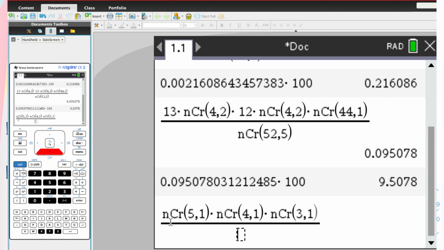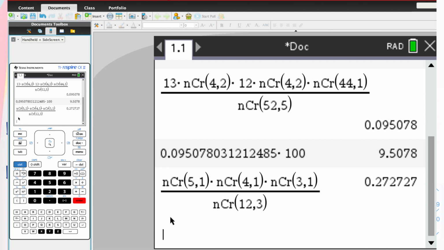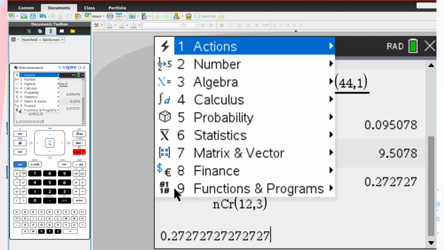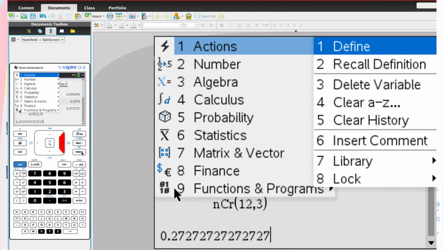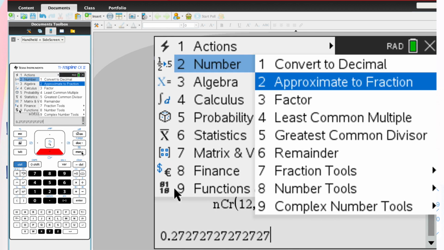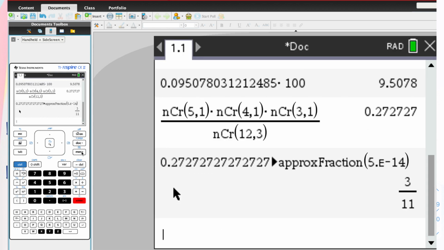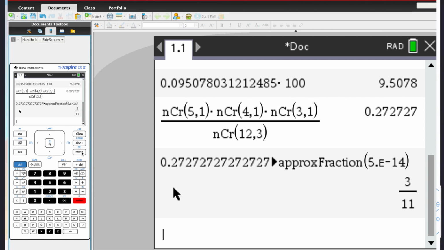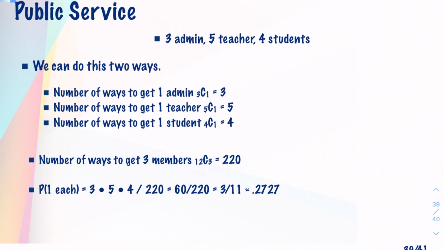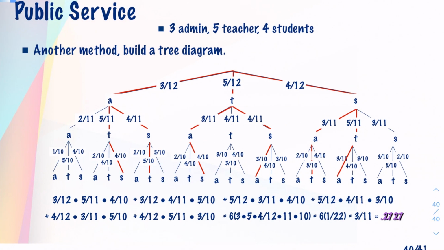And then the denominator would be NCR, 12 choose 3. I hit enter, I get my percentage. If for some reason I needed that to be a fraction, I can take that number and go menu, number, convert, approximate to a fraction, hit enter, and I get my 3 out of 11. You see on the notes, that fraction simplified to 3 out of 11.